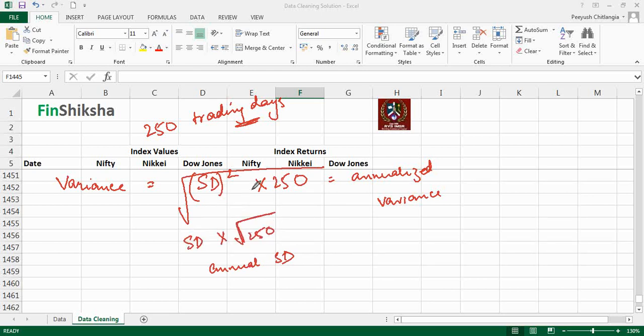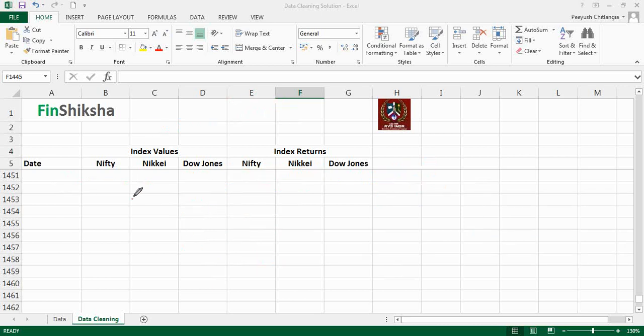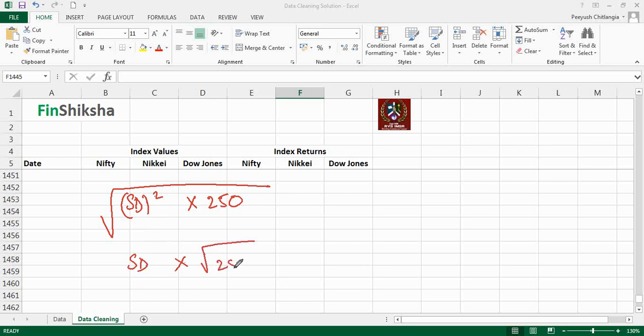So the process is I first take the standard deviation, square it to get the variance, multiply it with 250 to get the annual variance, and then take the square root of this to get the annual standard deviation. If I open this up, this will be the standard deviation into the square root of 250 days, and that will be my annualized standard deviation, right?